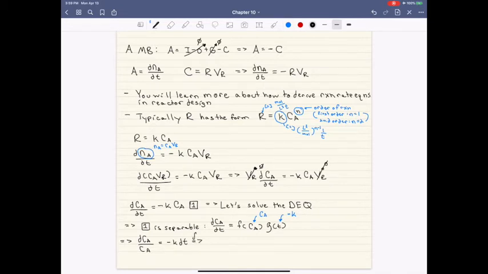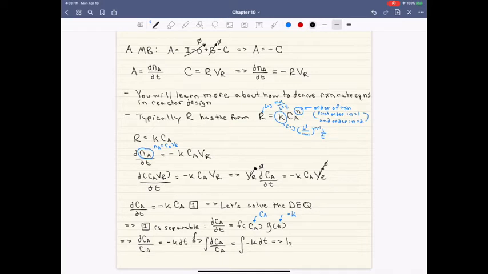We're now going to integrate. We're going to integrate dCa over Ca, and we're also going to integrate negative k dt. We're going to do an indefinite integral.